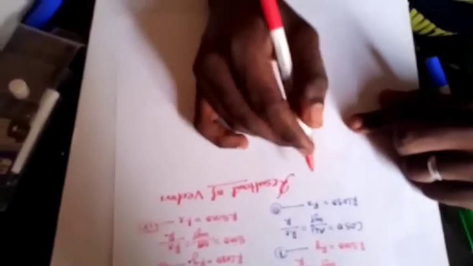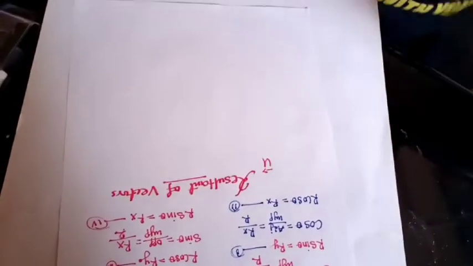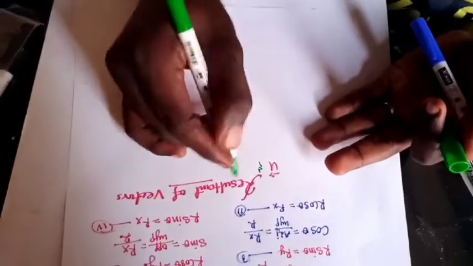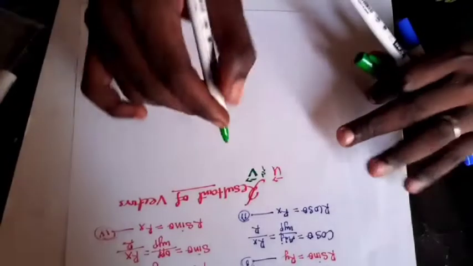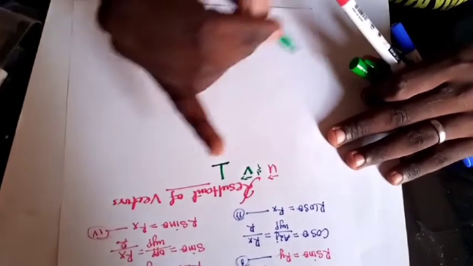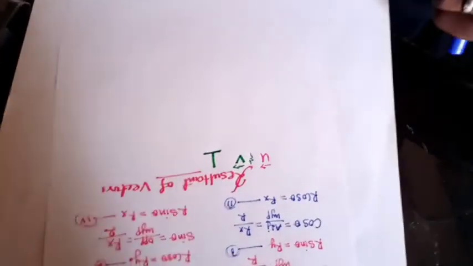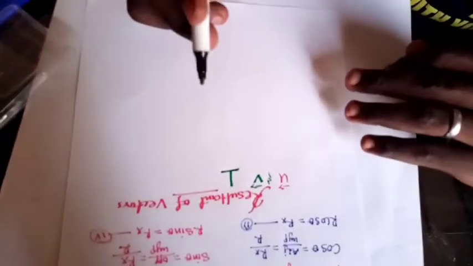Let's take, for instance, if I have two vectors, u and v. If this is a vector u, and I have another vector v. If these two vectors are perpendicular to each other, if u is perpendicular to v, we can easily get the resultant for u and v.